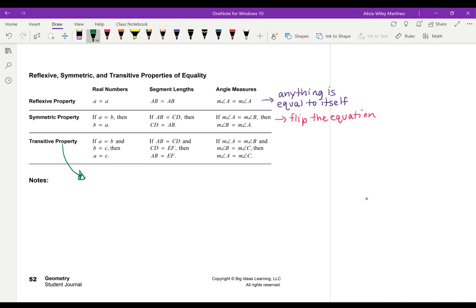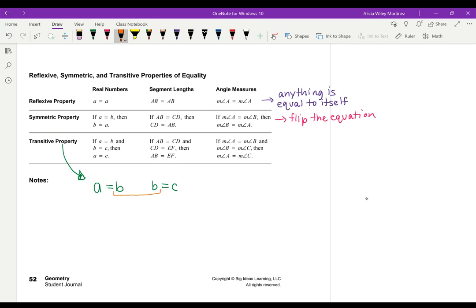So they have an explanation of each one of these in the first column. I'm just going to use that and explain it a little bit more. So let's say A equals B, and you also know that B equals C. Well, we know that B and B are the same thing, and so those are equal to each other, right?